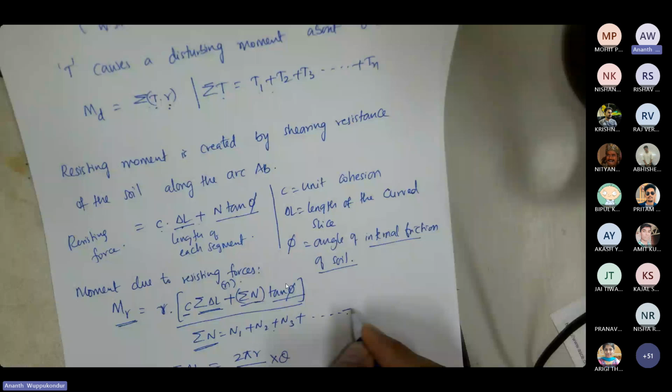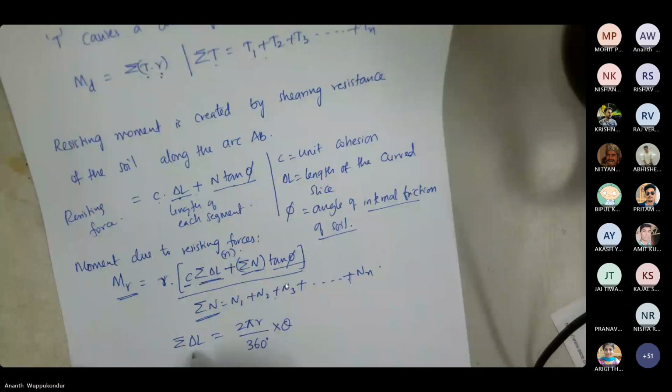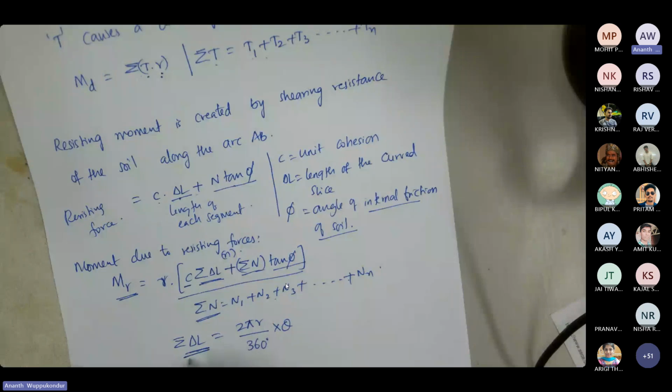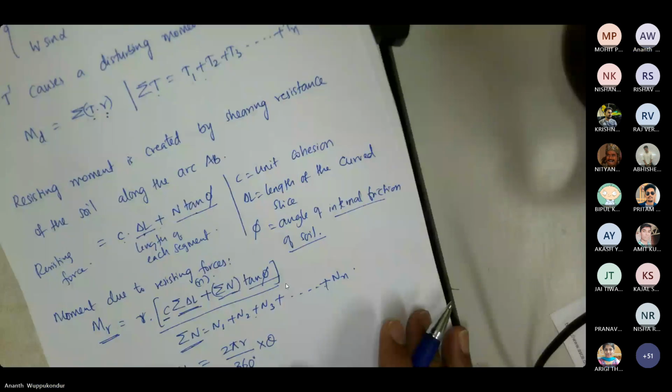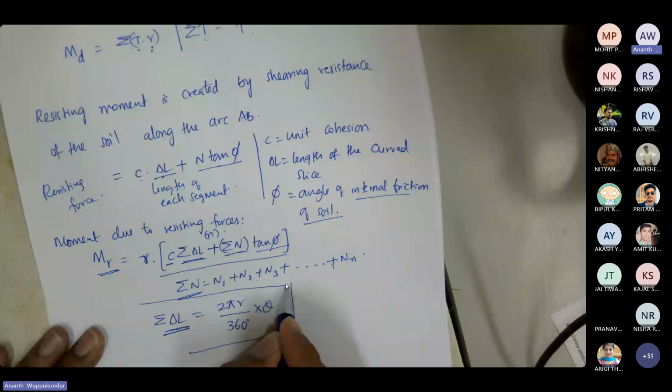And each of these small arcs, if you sum them all up, what you get is this total arc AB. So the length of this arc AB is given by this formula here at the bottom.